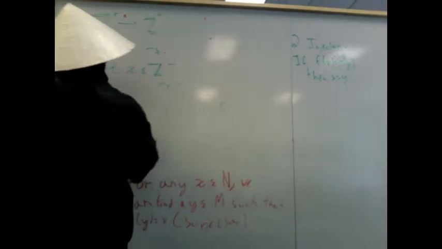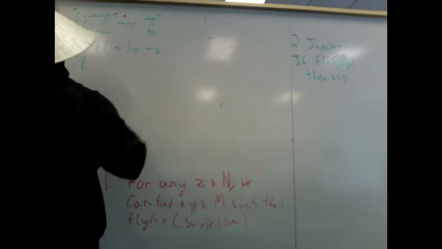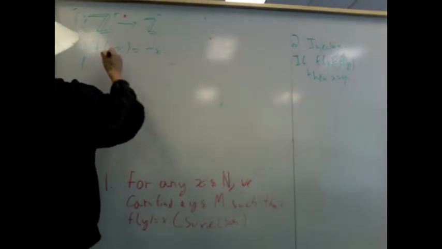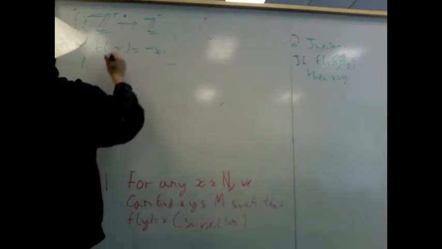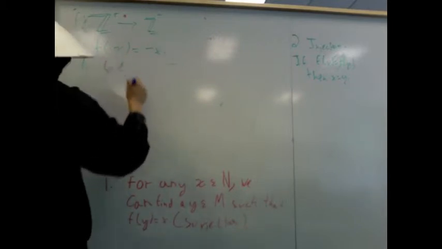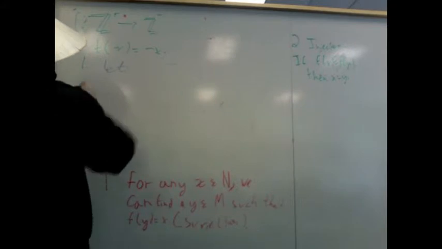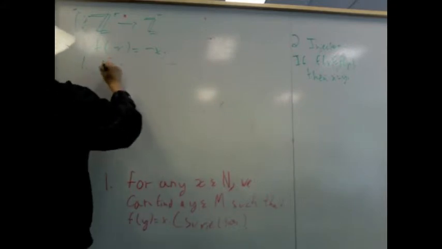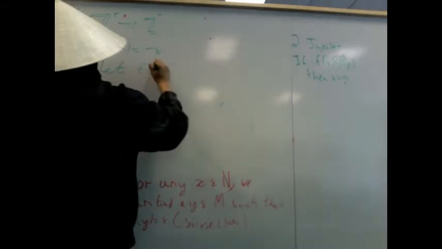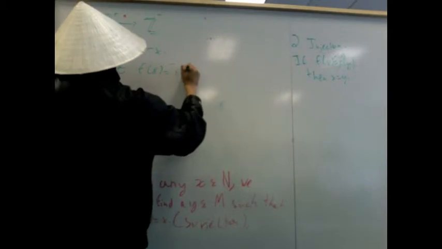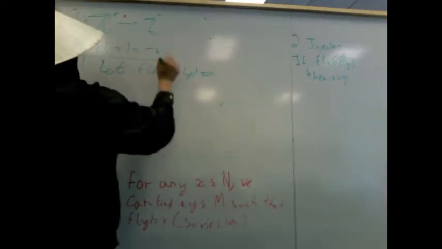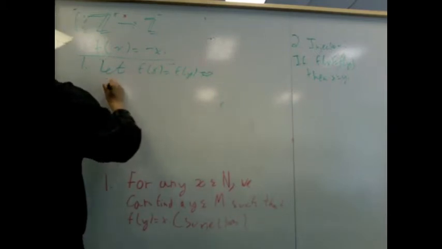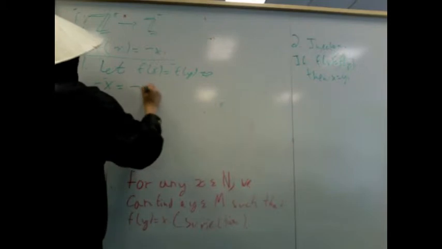I proved it's a surjection. Now I prove its injection. Let f(x) equal f(y). Then by definition of f, we're trying to prove this bijection, then minus x equals minus y.